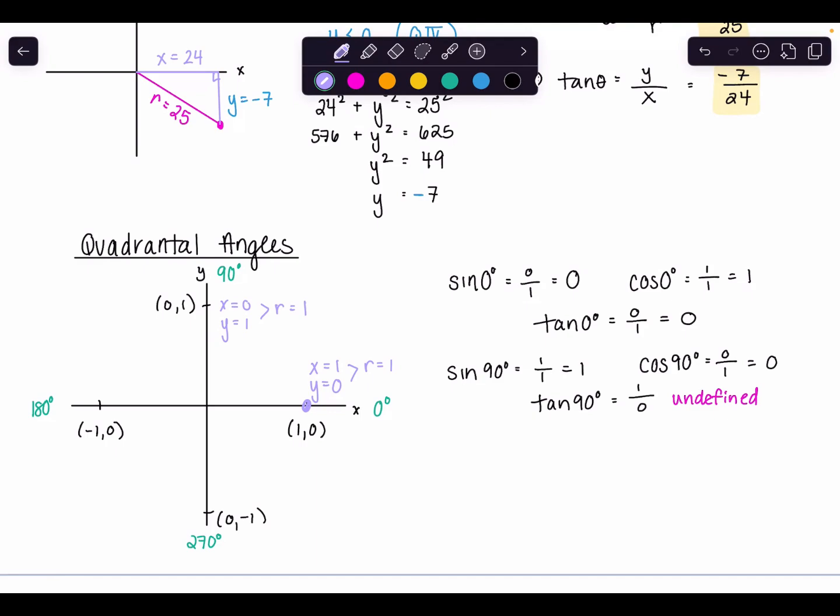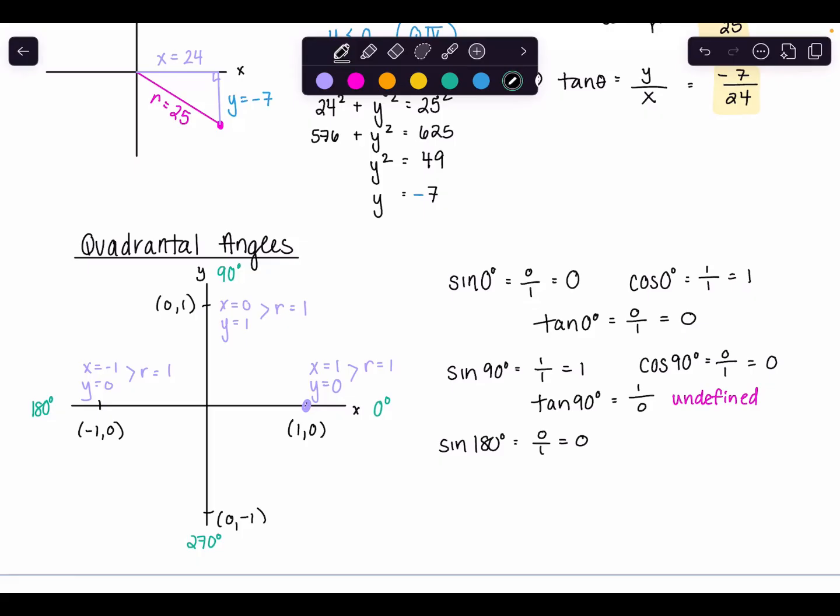Going on to 180, it's really very similar to 0 degrees. The only difference is your x is negative. So my x is negative 1, my y is 0, but again, r is going to be positive. So negative 1 squared plus 0 squared gives you 1. Square root it gives you 1. So sine of 180 degrees is y over r, which is 0 over 1 or 0.